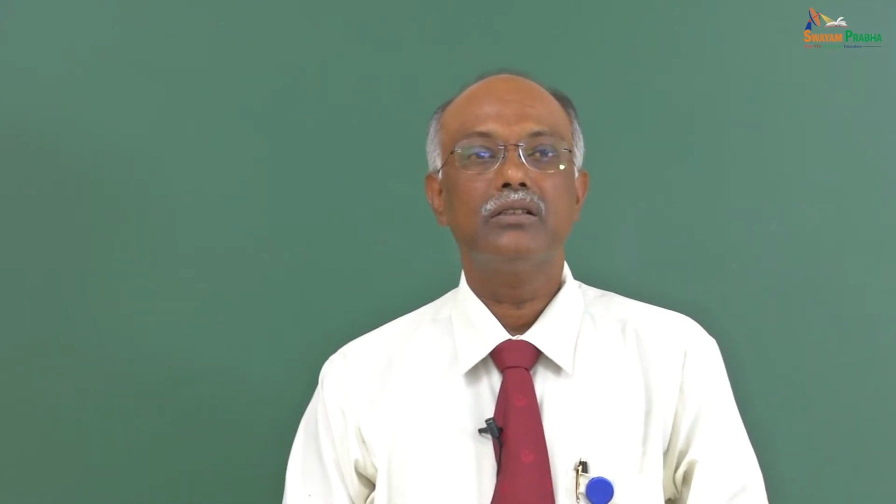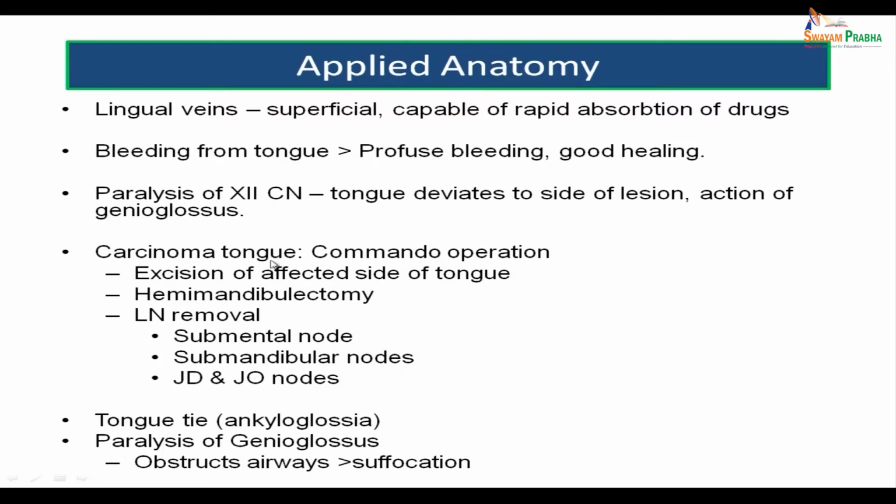Now, there is a condition, we have talked about carcinoma of the tongue, we have talked about the lymphatic drainage. A carcinoma of the tongue usually has a very rapid spread, and what is done is usually a commando operation in which there is the excision of the affected side of the tongue, that is one side of the tongue is removed.